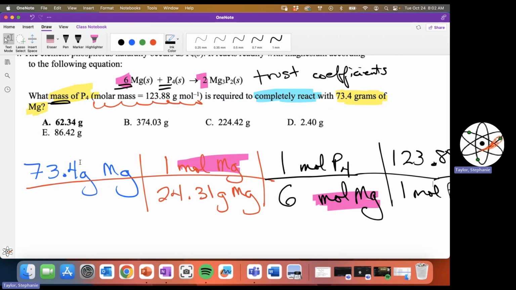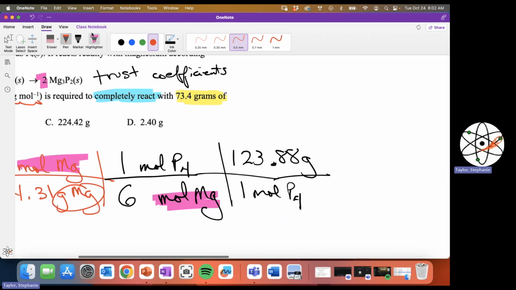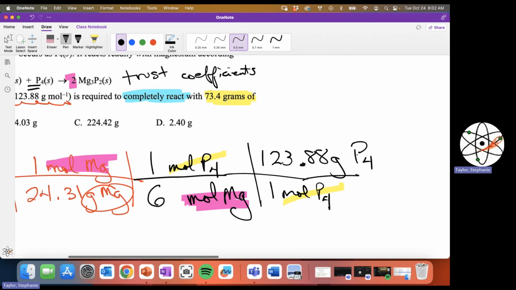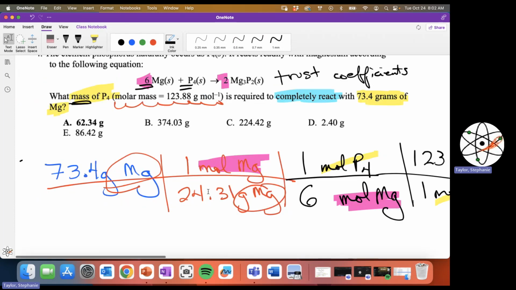I can just go ahead and do all of my math at once, because if you'll notice, I have grams of magnesium and grams of magnesium, so those cancel. I have moles of magnesium and moles of magnesium, those cancel. I also have moles of phosphorus and moles of phosphorus, those cancel. And I should have set up here that I have grams of phosphorus, because that's what I have from the molar mass. That is in fact grams of my P4.